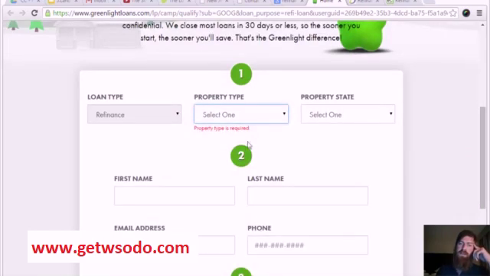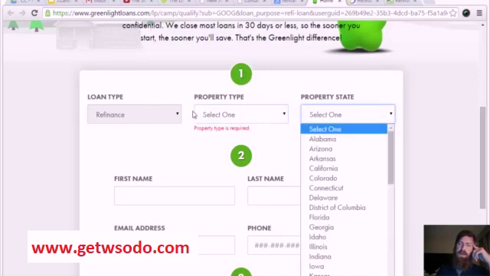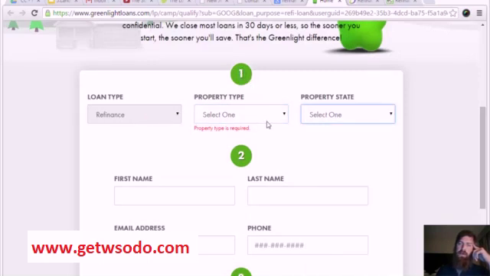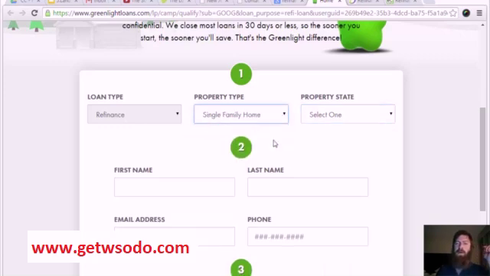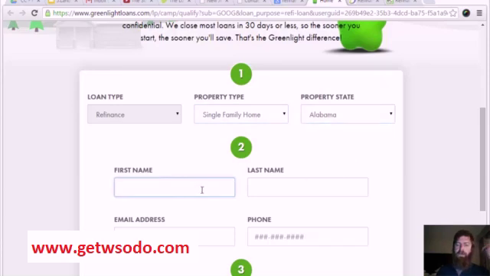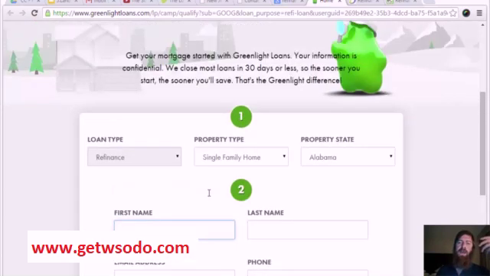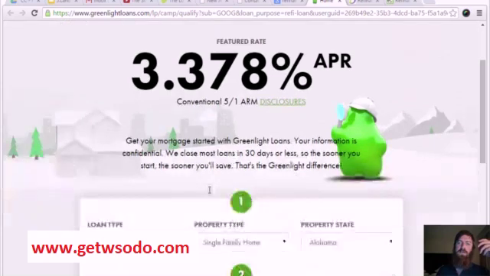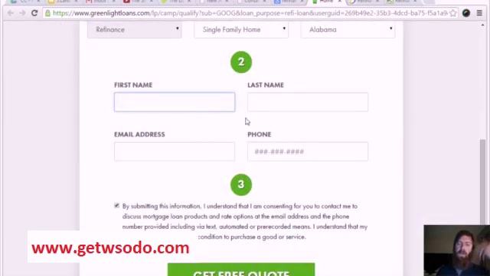It's also a very poorly done lander because you can't select the loan type right here. But it's kind of a multi-part lander, and notice they're pre-qualifying the customer. What property type, what state, etc. That way the person thinks they're going to get a quote based on what they're submitting.